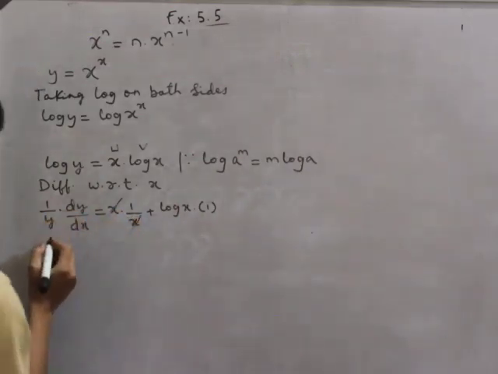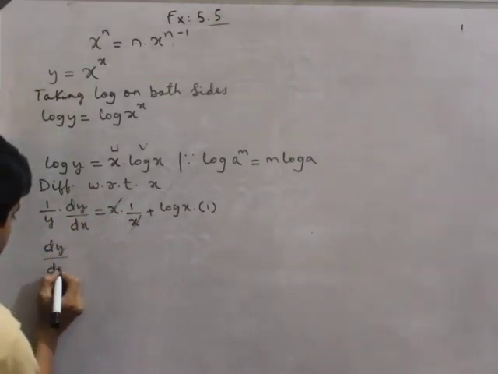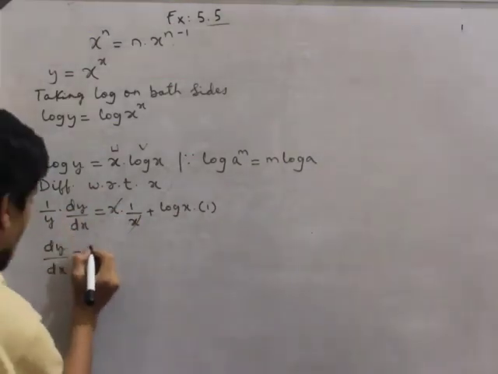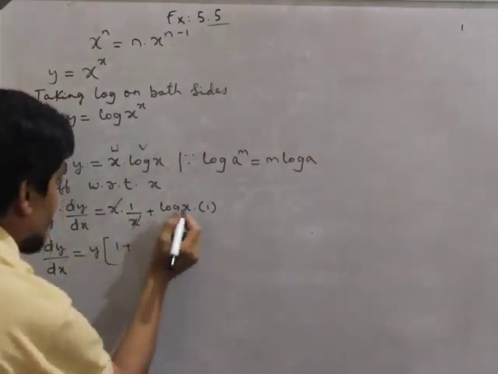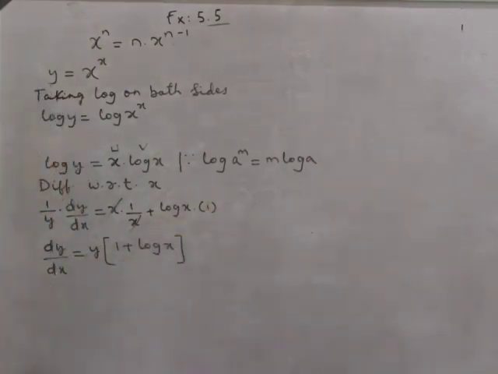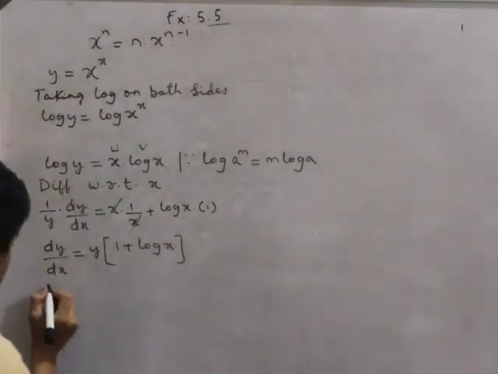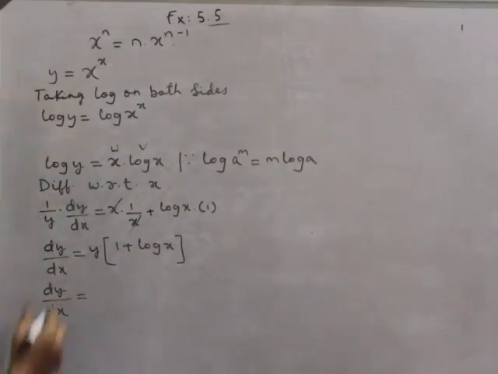What is left out? Here I will write dy by dx is equal to 1 by y. I will write y here, and what is left out? Here it is 1 plus log x. Log x into 1 is log x. So the final answer, dy by dx is equal to, what is y?